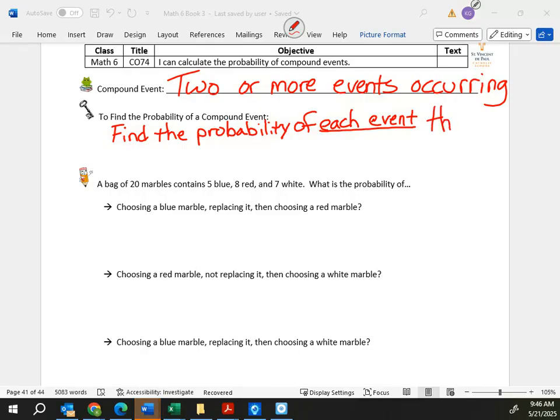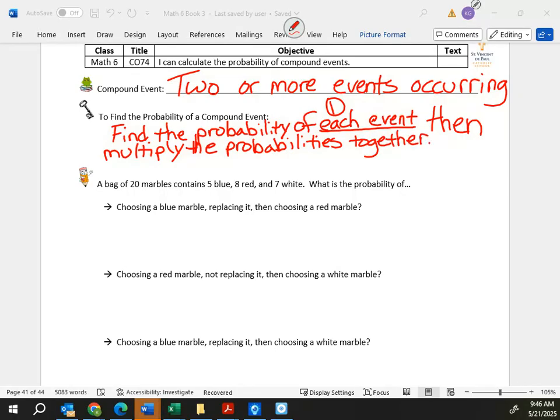Then, so that's step one. Then you multiply the probabilities together. So step one is to find each event's probability. Step two is to multiply them together.